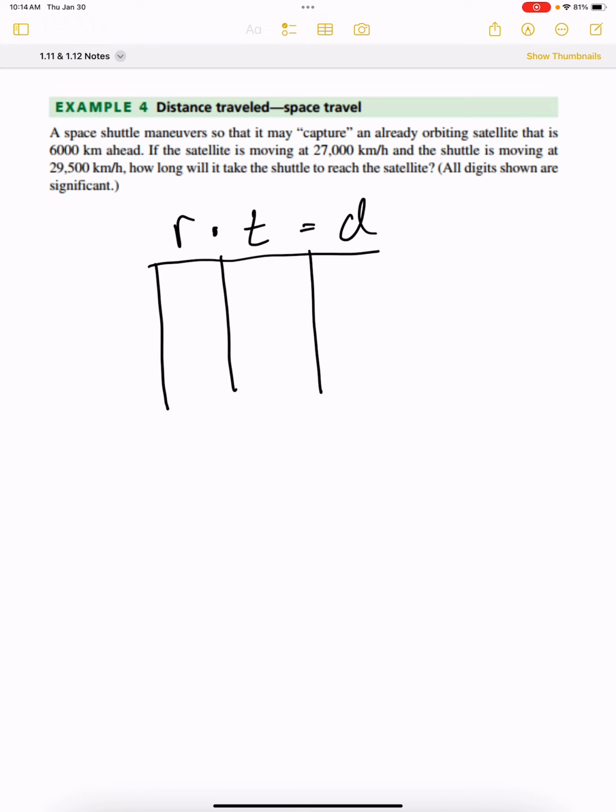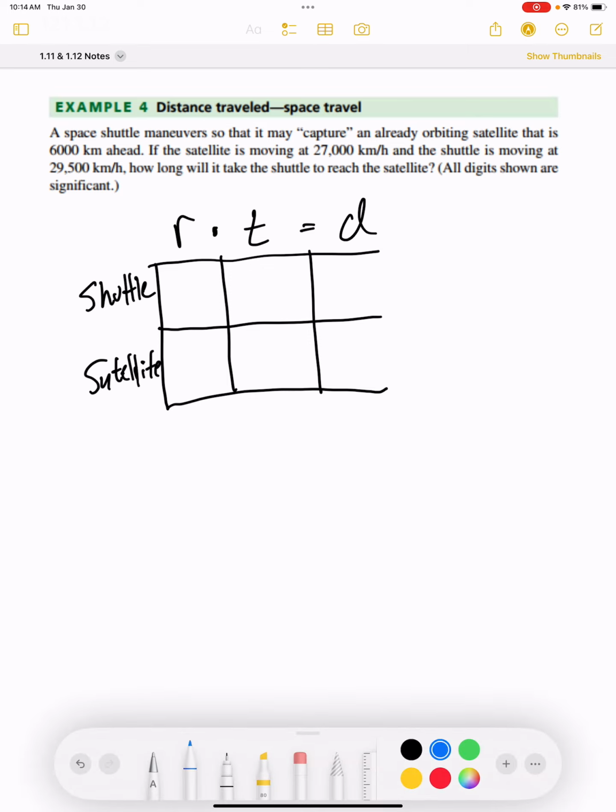We're talking about the shuttle, the space shuttle, and then we're talking about the satellite. All right, so this creates two different scenario situations.